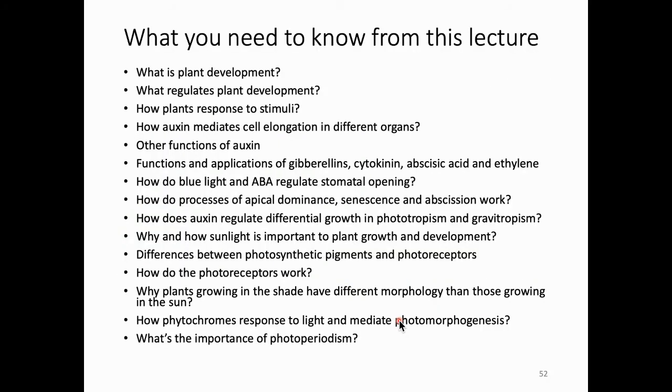So here I have listed some major topics that you need to know before going to an exam, like what is plant development, what regulates plant development, how plants respond to stimuli, how auxin mediates cell elongation in different organs like the shoot or the root, like the concentration differences, other functions of auxin, function and application of GA, cytokinin, ABA, and ethylene.